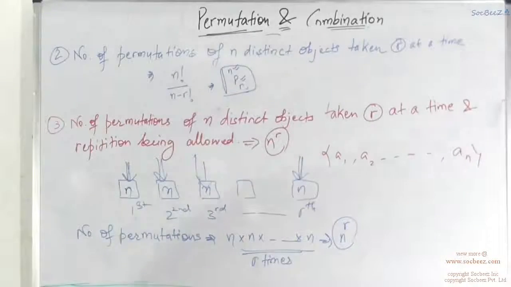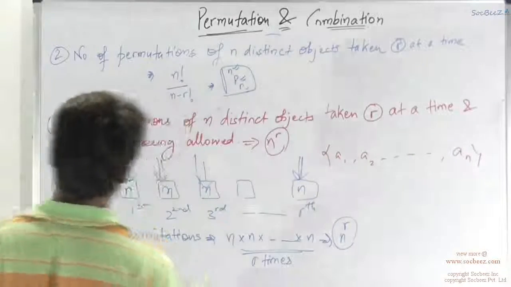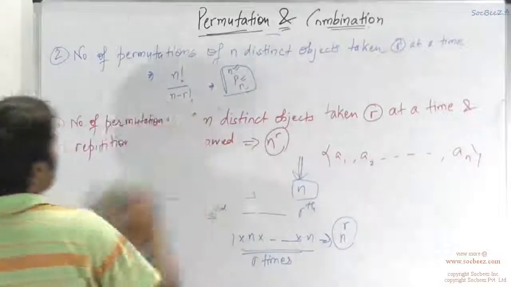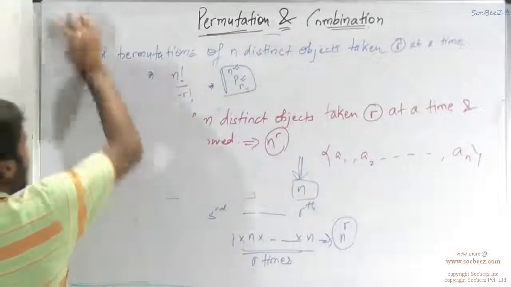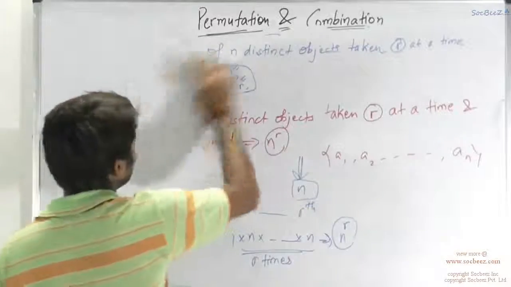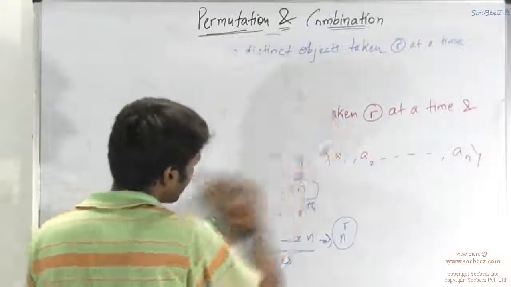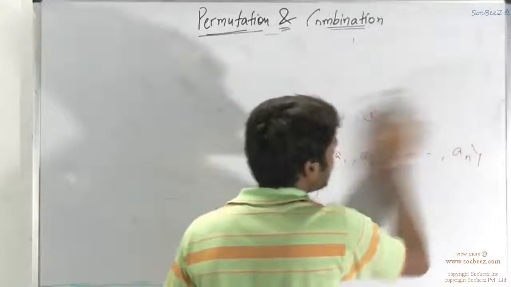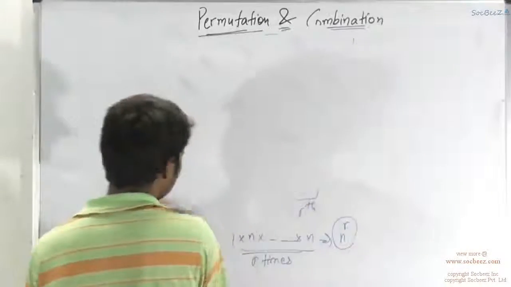And the last case which arises is when not all objects are distinct. This is another type of question that you encounter.